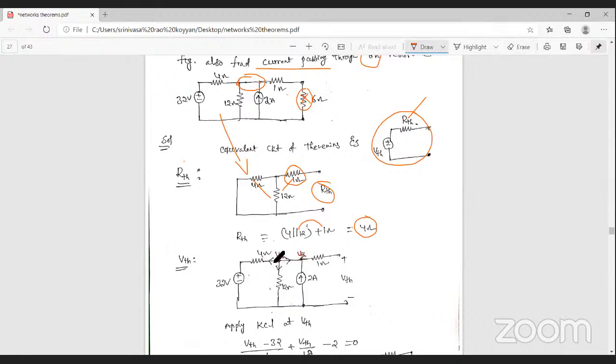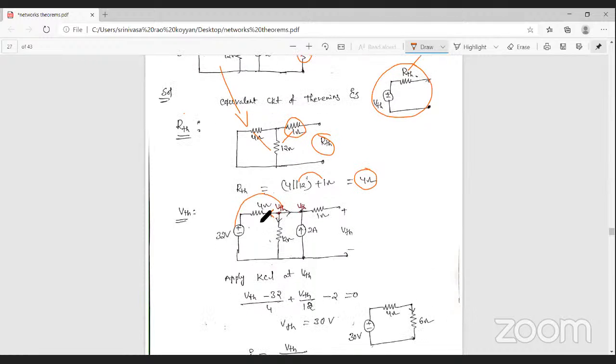So first of all, let us assume all currents are leaving. First, this current is Thevenin's voltage minus 32 by this 4 ohm, that is VTH minus 32 by 4. This current is VTH minus ground voltage 0, so VTH by 12. Next, this short circuit path is the same node.